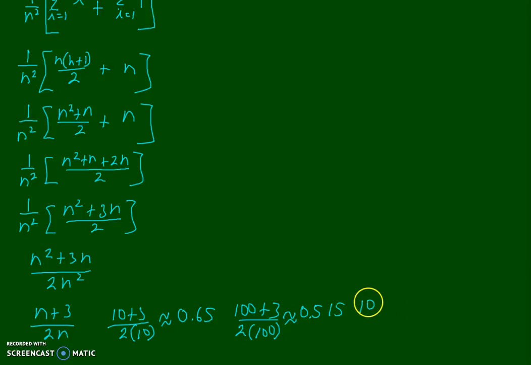And then we have 10,000 plus 3 over 2 times 10,000, which is 0.50015.